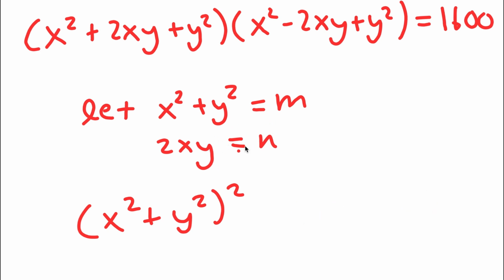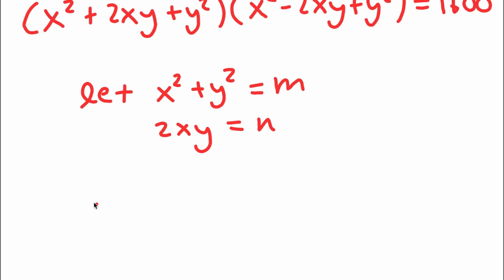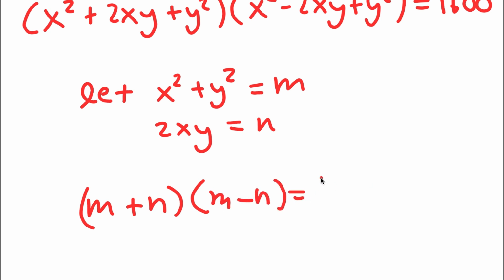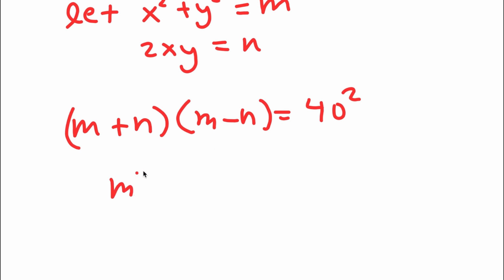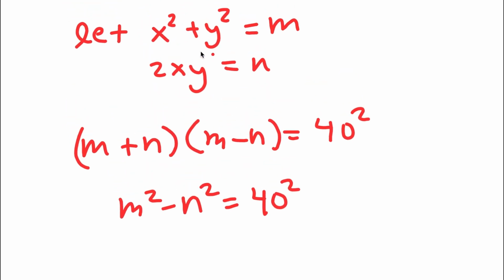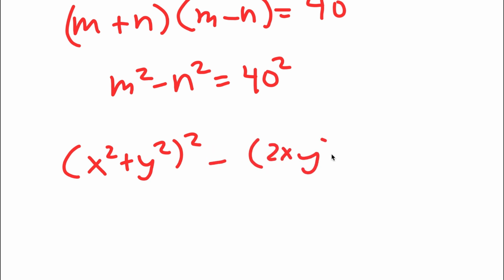Let me just go back. If I substitute these values in, I get m plus n times m minus n is equal to 40 squared, and m plus n times m minus n is m squared minus n squared. So if I substitute these values back in, I get (x squared plus y squared) squared minus (2xy) squared is equal to 40 squared.